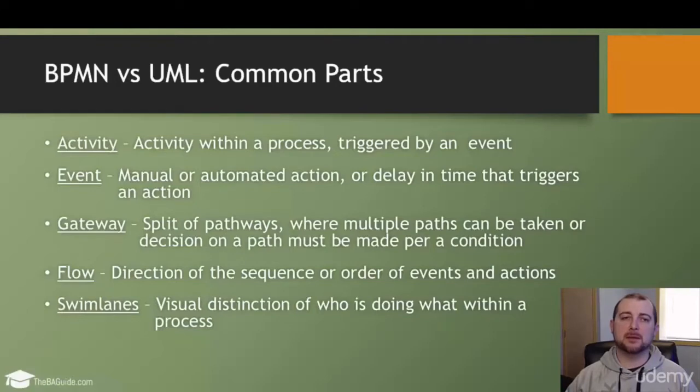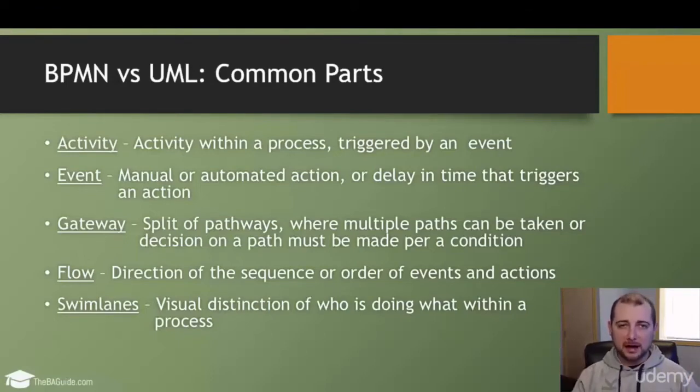So first off, what are some common things between them? They're showing you elements of a process flow. The first thing is they show activities within a process, and activities are triggered by events. Regardless of the specific symbols they use, they both show activities.